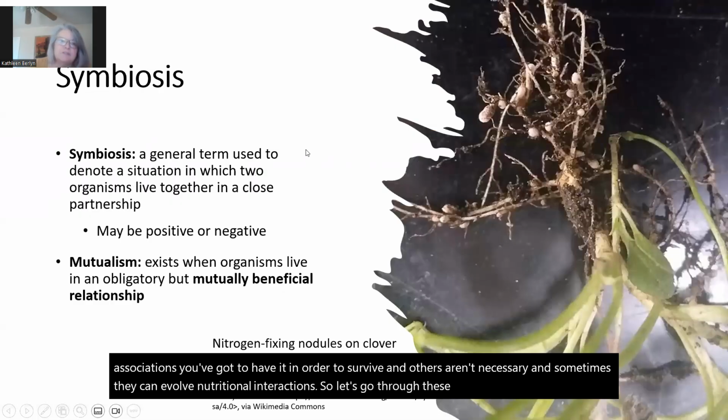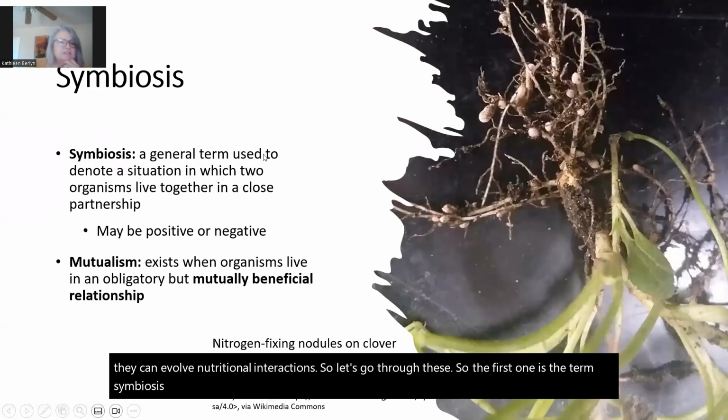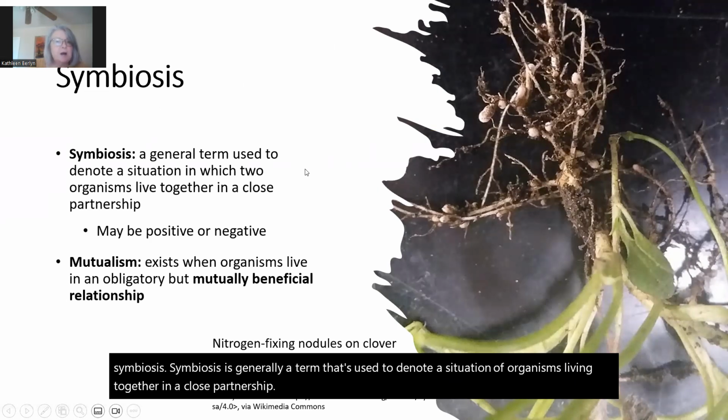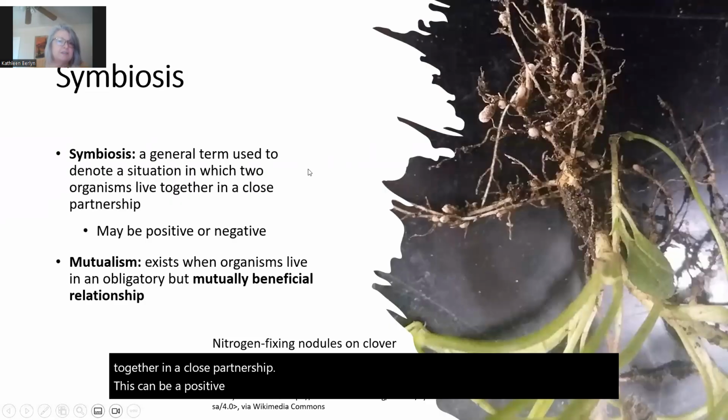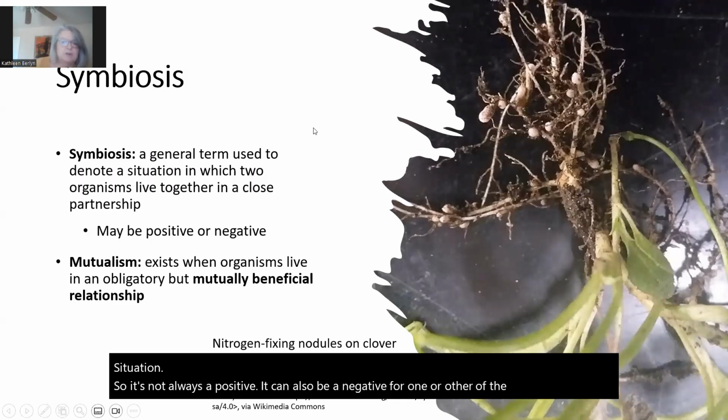The first one is the term symbiosis. Symbiosis is generally a term used to denote a situation of organisms living together in a close partnership. This can be a positive or a negative situation. So it's not always a positive. It can also be a negative for one or other of the organisms involved.